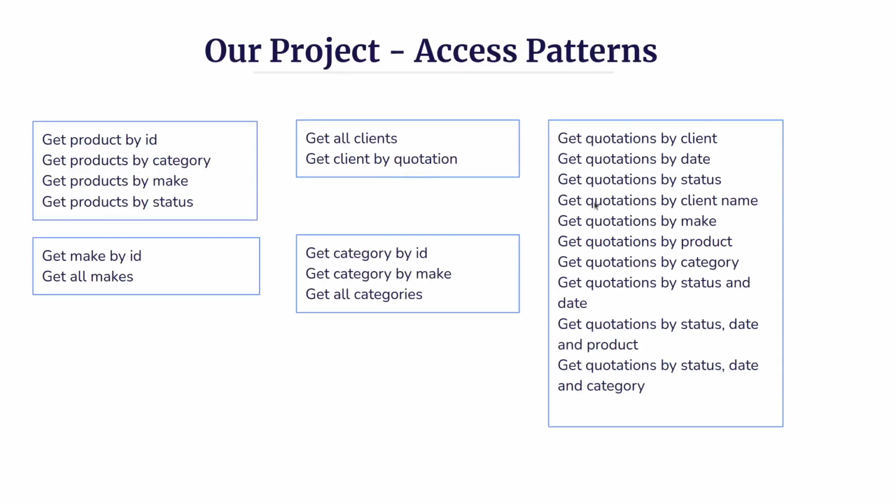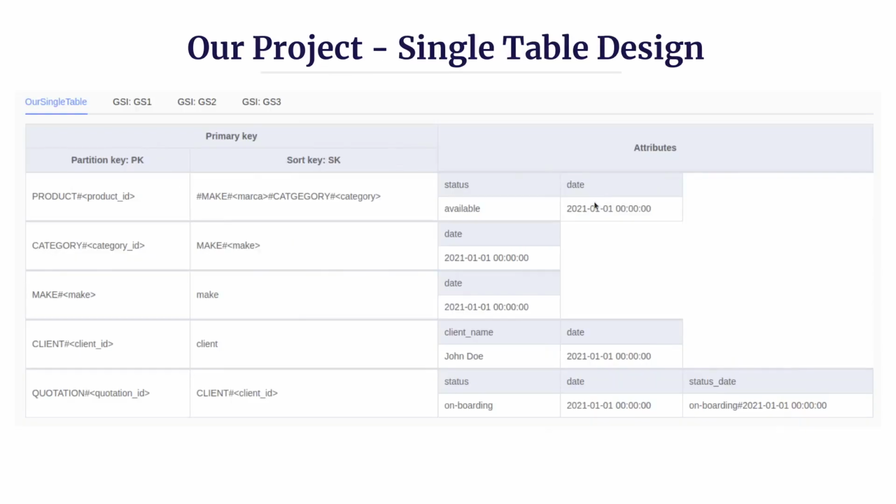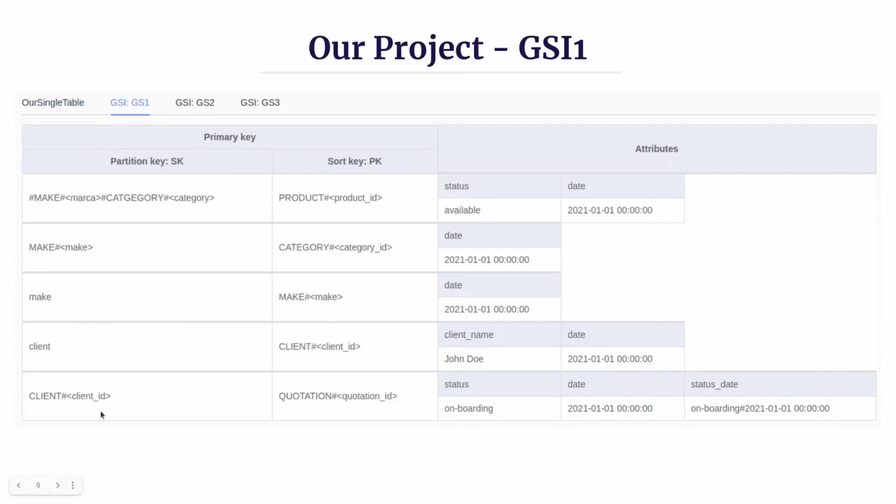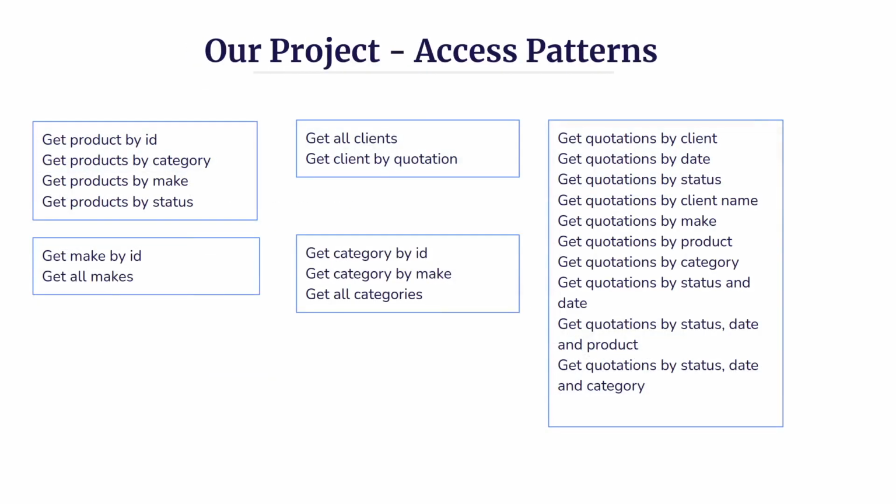So it's really useful. And finally, for the quotations, the same. Basically, this is going to be resolved with global secondary indexes, because here, as you can see, we have quotation and clients. So once we add another client, we are going to be able to get in the global secondary index one all the quotations of the client and vice versa. It's really useful, and as you can see, we are using only one table to solve all these access patterns that we defined.